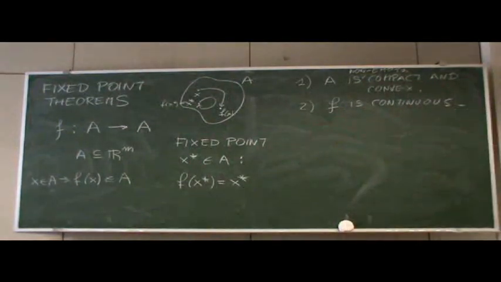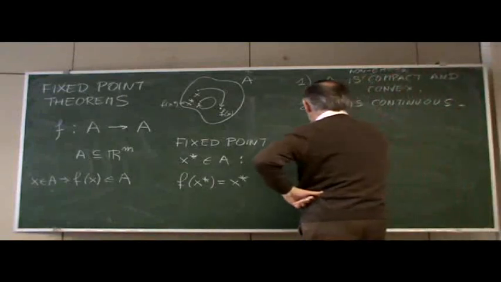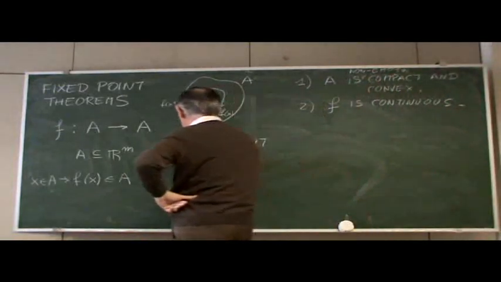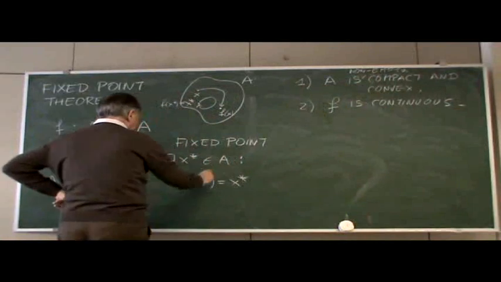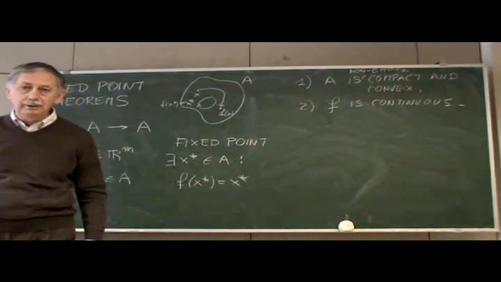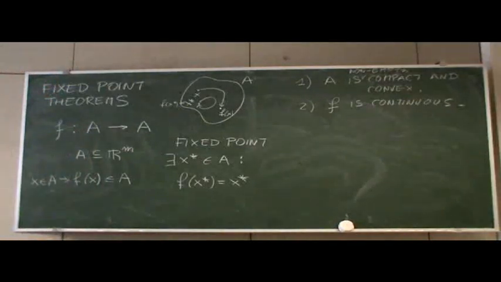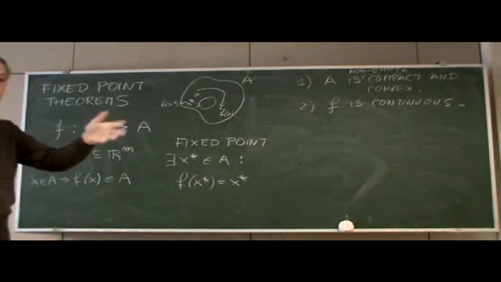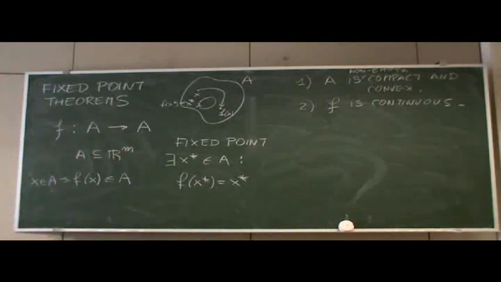Under these assumptions, there exists at least one x star in A such that f of x star is exactly equal to x star. These are the assumptions which are necessary to introduce in order to have at least one fixed point, or many fixed points, of course.